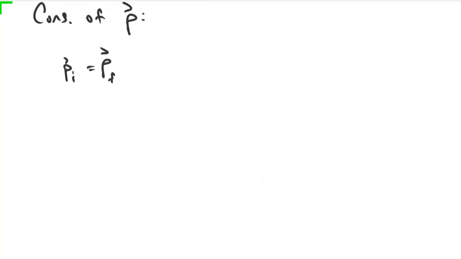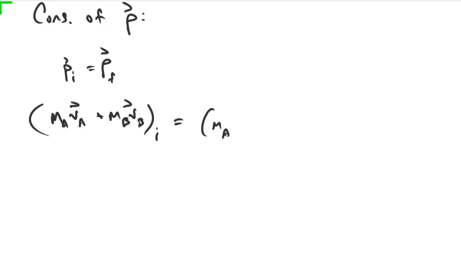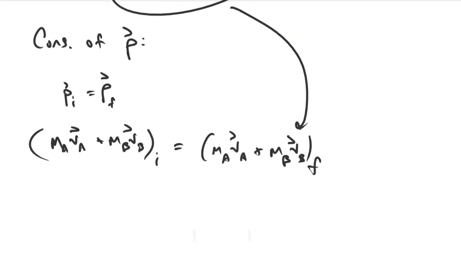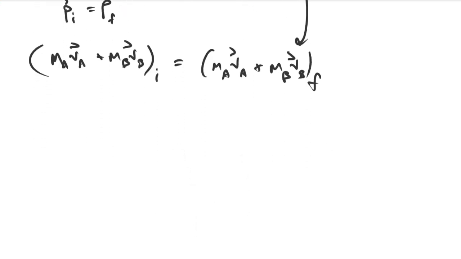And so we have the mass of A times the velocity of A plus mass of B times velocity of B, the initial condition, which we have all of that information, is equal to the mass of A times velocity of A plus mass of B times velocity of B, the final condition, which we have a relationship for between the final velocities that we can plug in here, right? So we'll end up with one equation, one unknown. It's just a matter of the algebra.